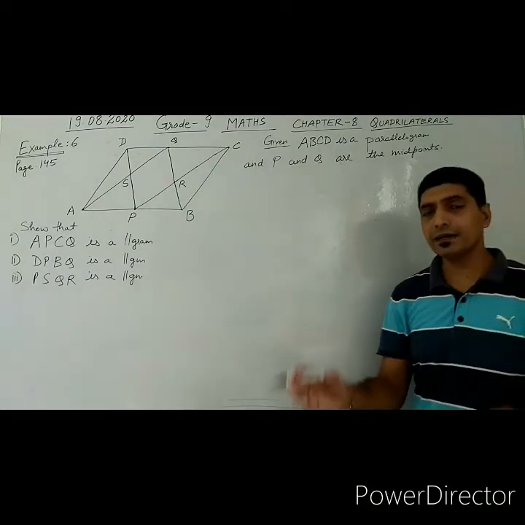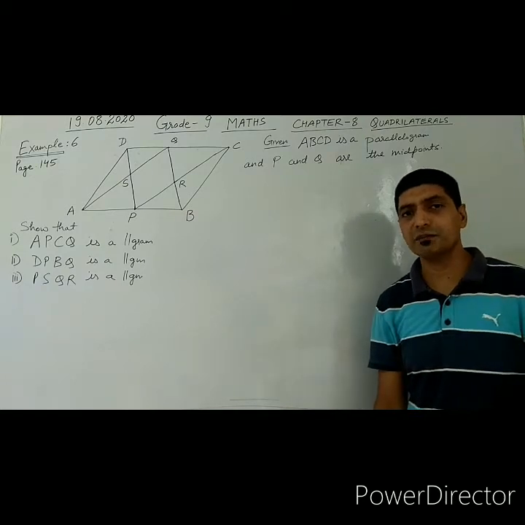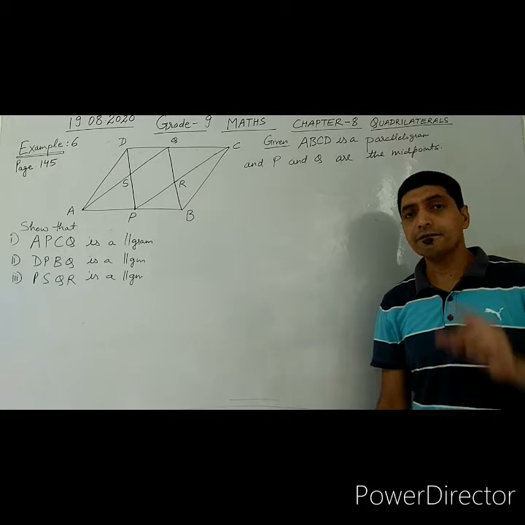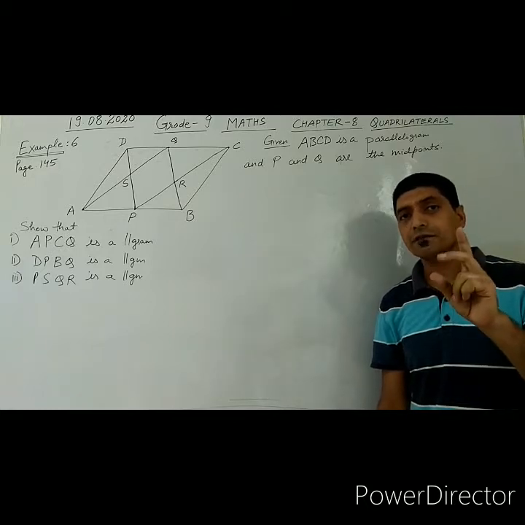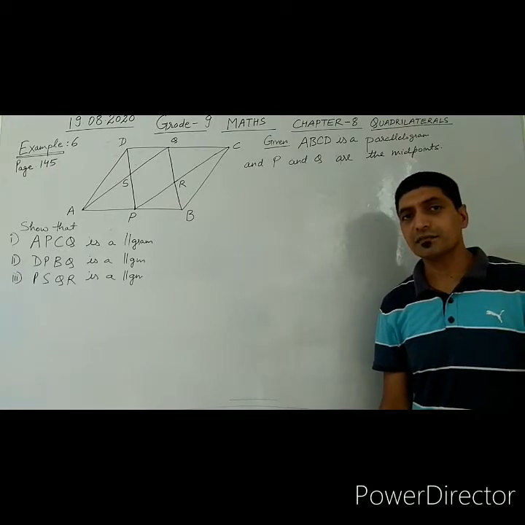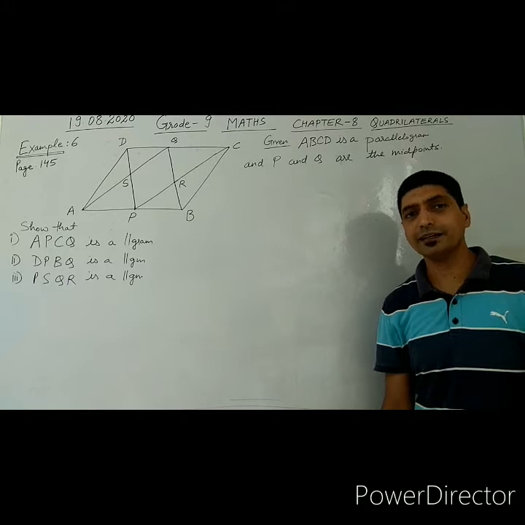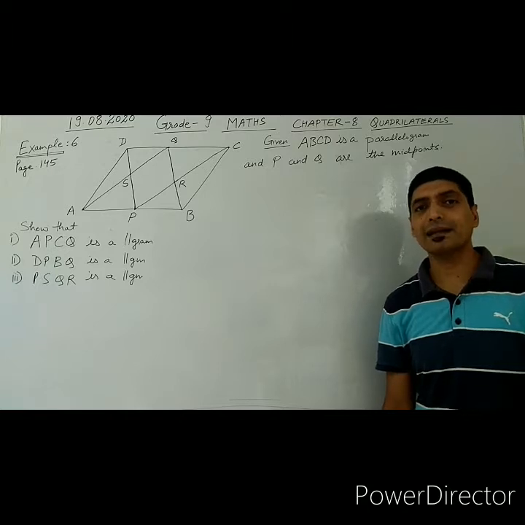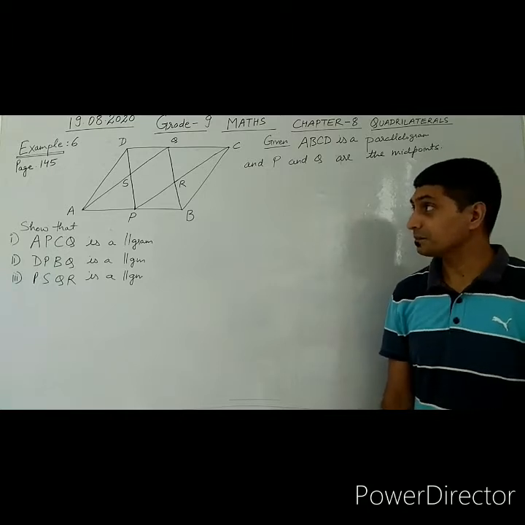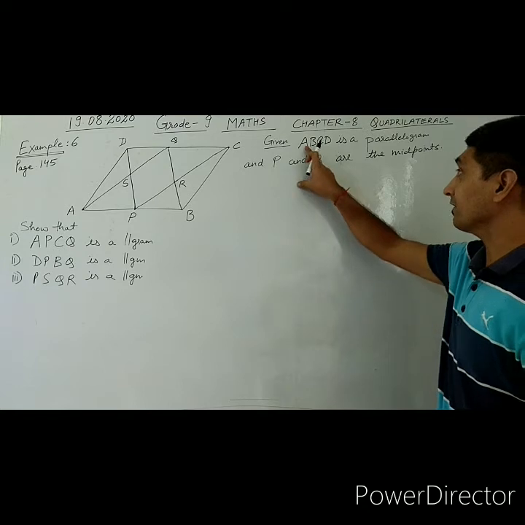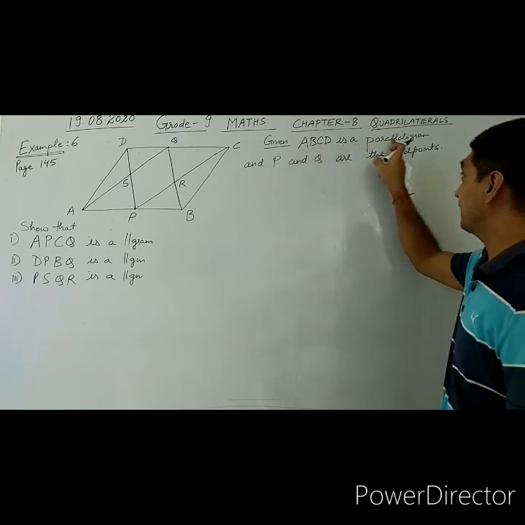So we will apply a very simple statement which we have learned yesterday. That is, if a pair of the opposite sides of a quadrilateral are equal and parallel, then that quadrilateral is a parallelogram. So here already we have given ABCD is a parallelogram.